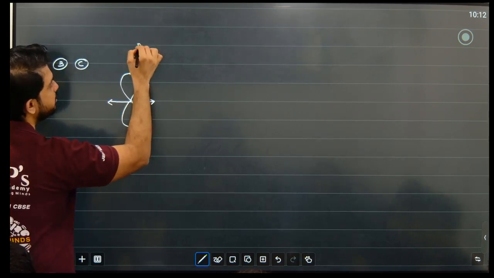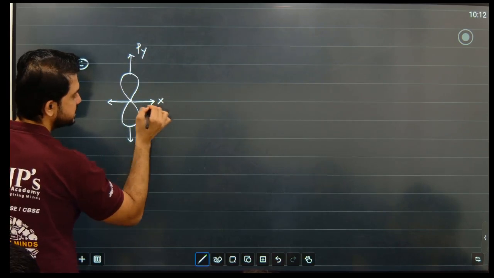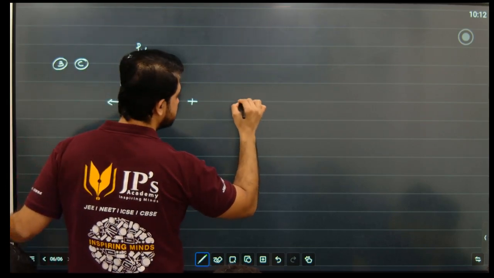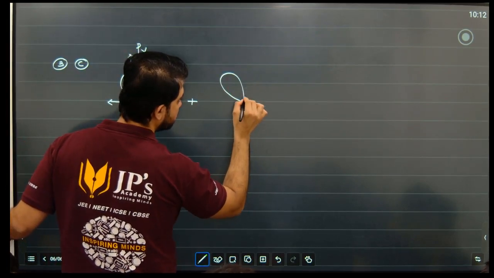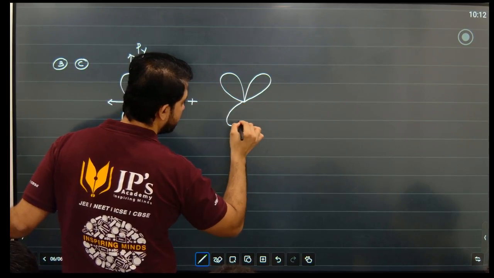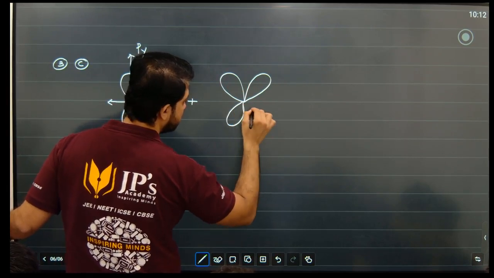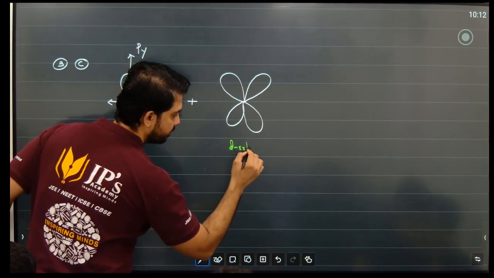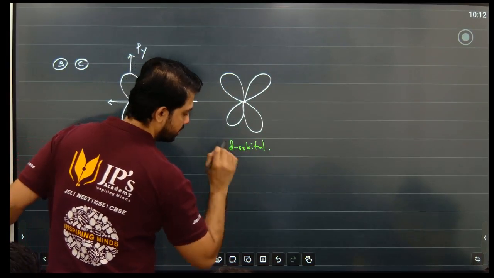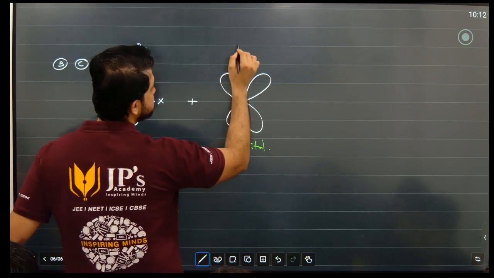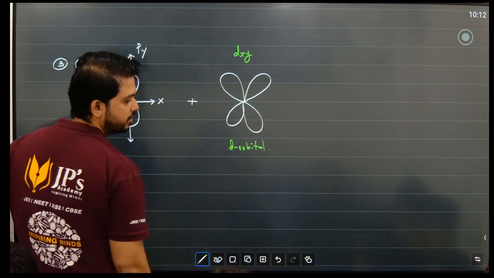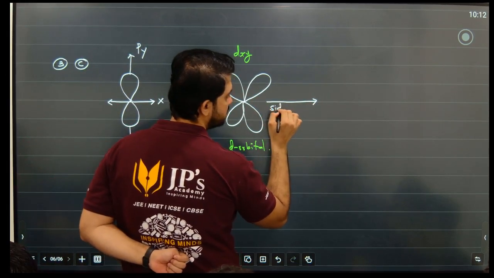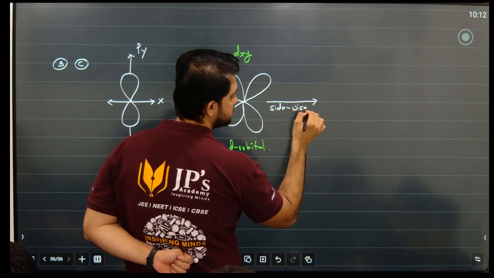Now next we have, this is again py and this is the x-axis. Next we have this is a d-orbital. You can consider this to be dxy. Again sidewise overlapping.